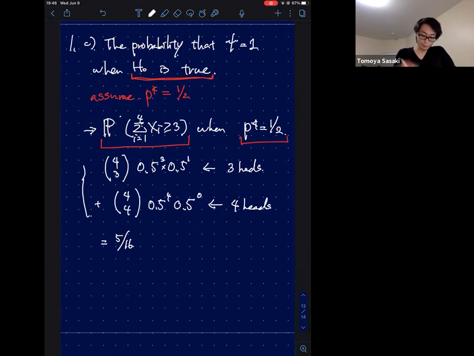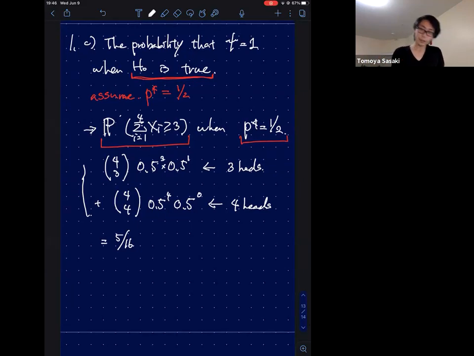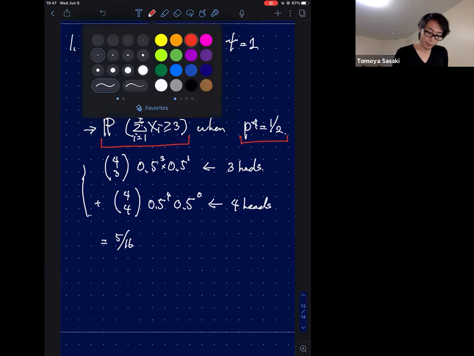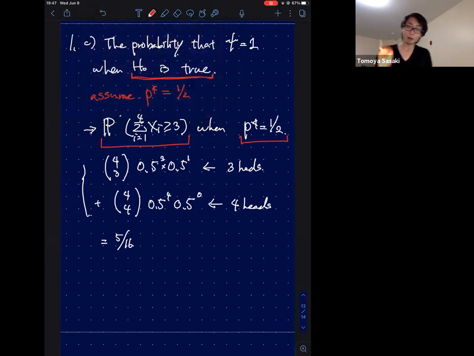So this is a very, very important point when you're trying to understand hypothesis testing, because hypothesis testing is all about the distribution under the situation where the null hypothesis is true. So it's all about the null hypothesis.